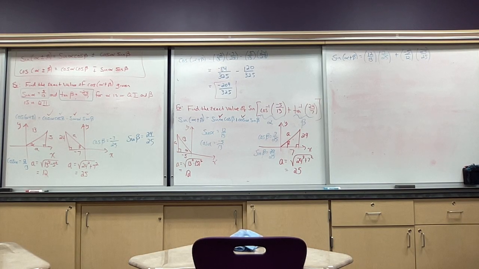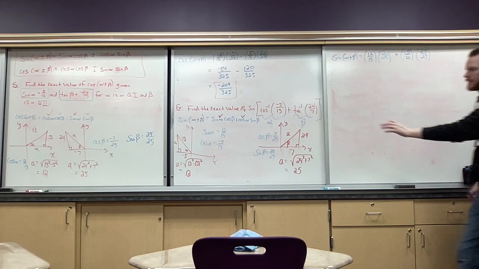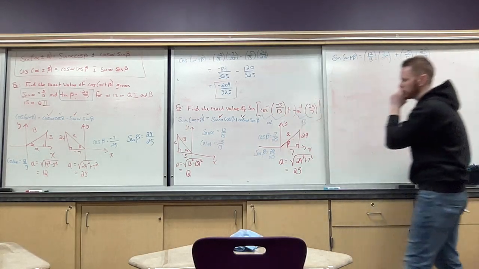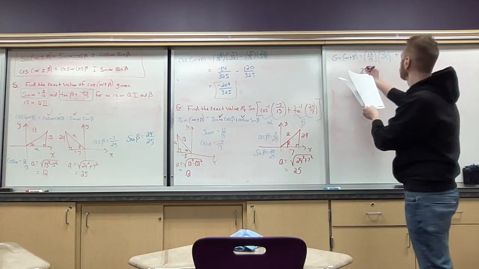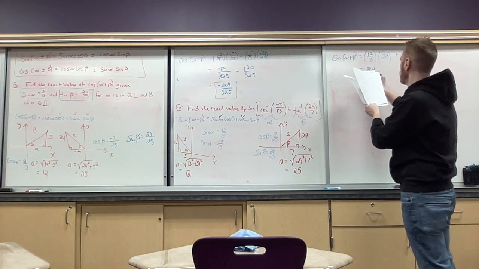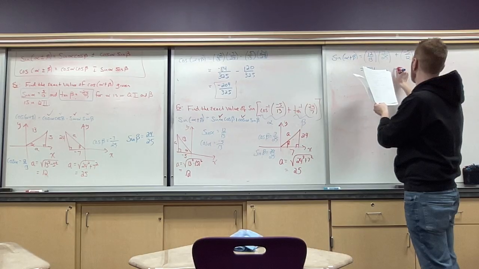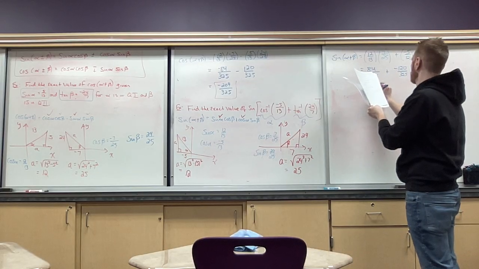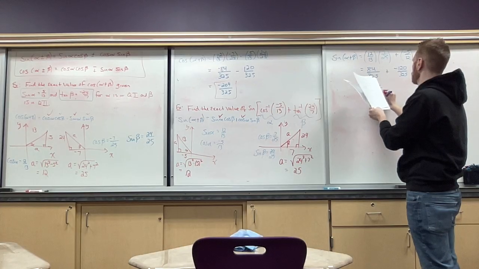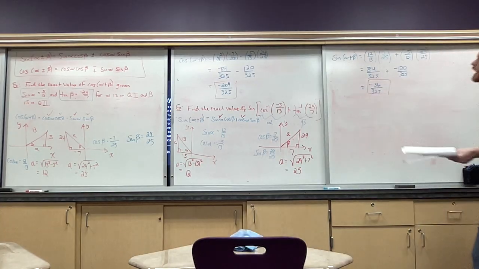Now I actually have the means to figure out what sine of this is. Multiplying together, we get 84 over 325, minus 120 over 325. We get negative 36 over 325. So that's what sine of that angle is going to be equal to.